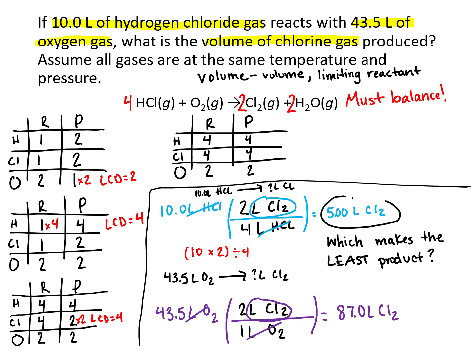That would be up here. So the volume that you would make is 5 liters because it's the smallest of the two.